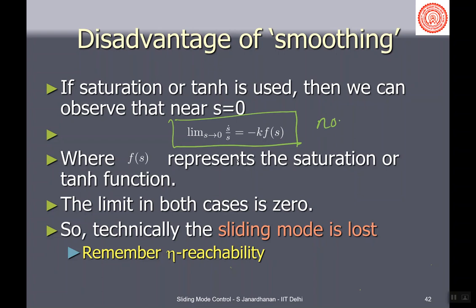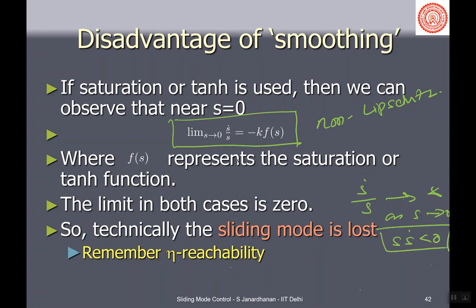This is called a non-Lipschitz function. The ratio of s dot to s should tend to infinity as s tends to 0, and s s dot should be less than 0.